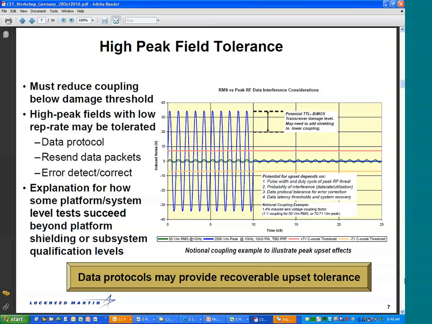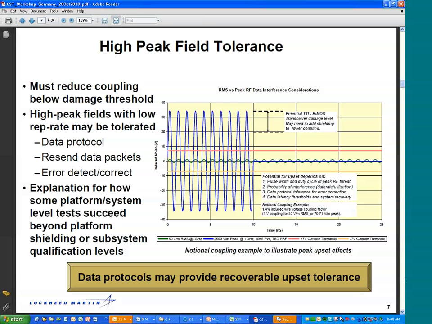And then the larger pulsed transient energy shown there, going over 30 odd volts in the interface, represents maybe what you're getting with a pulsed radar or some transient field.